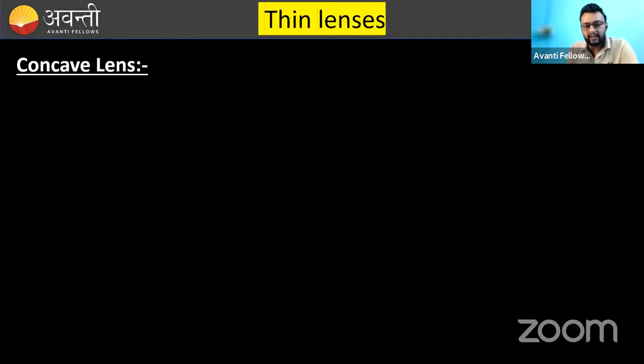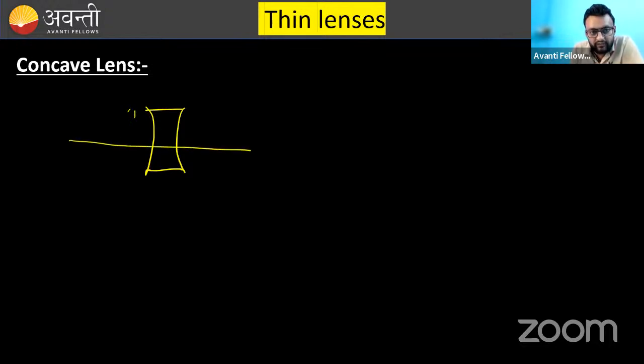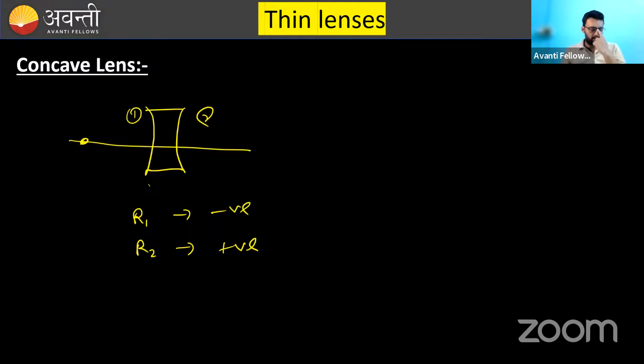Now, talking about concave lens, I will not take a lot of time. Concave lens will look something like that. This is biconcave lens. Which surface is 1? This is 1, this is 2. If object is there. So R1 is and R2 is. Can you tell me R1 is negative, R2 is positive? Moving further.